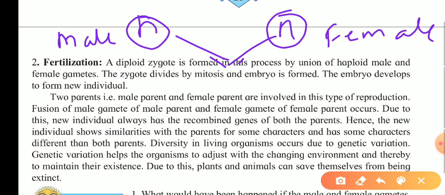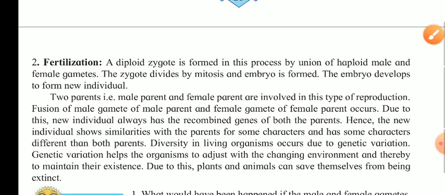These two are combining and again forming a 2n number of chromosomes. Fertilization is nothing but when these haploid germ cells or gametes reunite, combine with each other, and again form a 2n number of chromosomes, which is called diploid, and the name for this is a zygote. The name for that diploid first cell of life is the zygote.